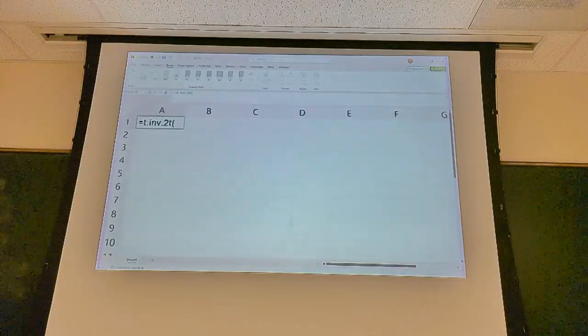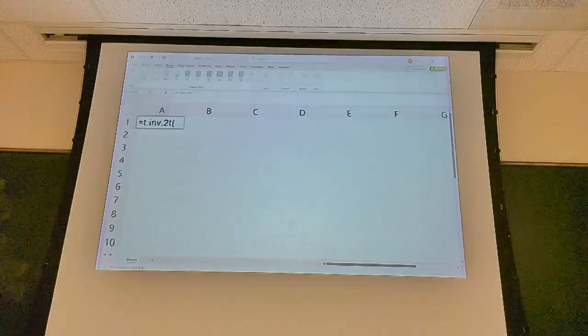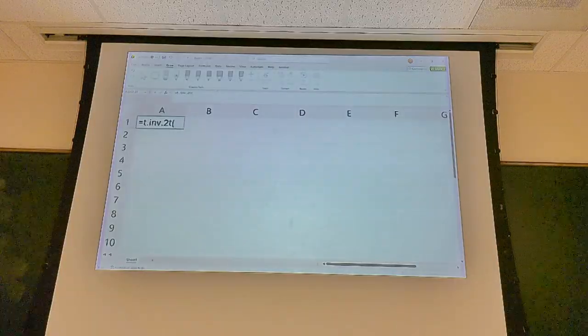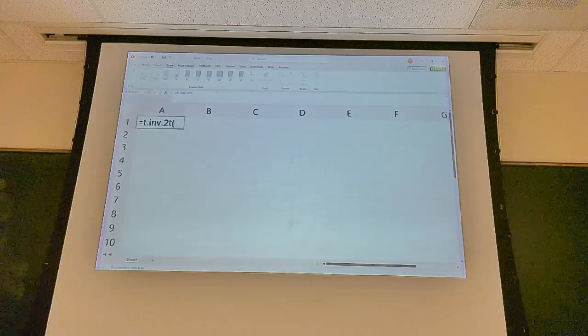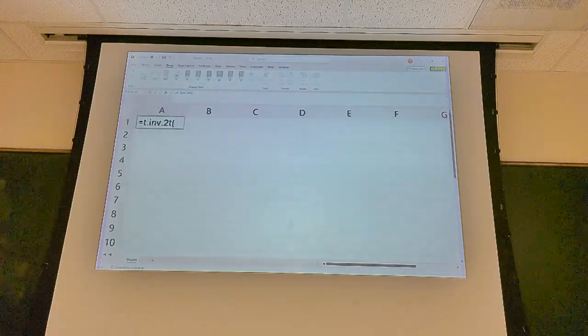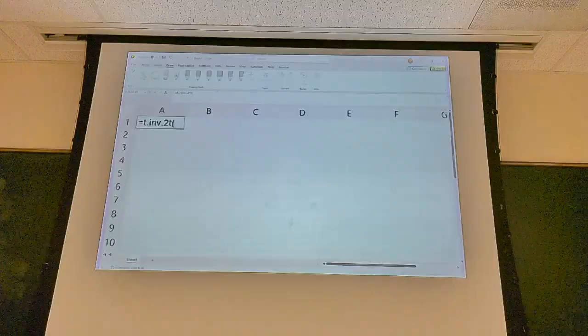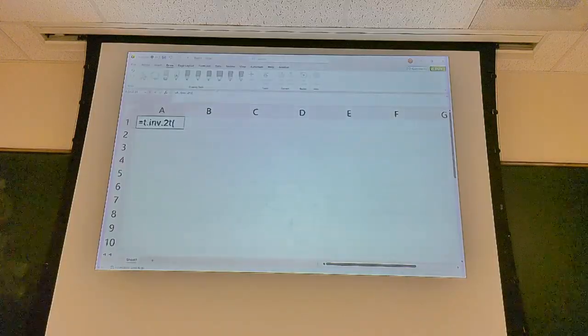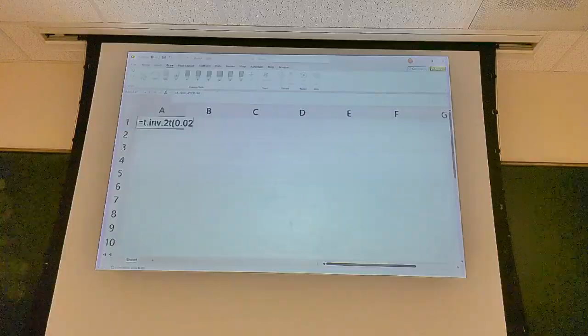We need to enter the area, which is our alpha. Well, it was 98% confidence, right? What's alpha? That's what we'll put in.